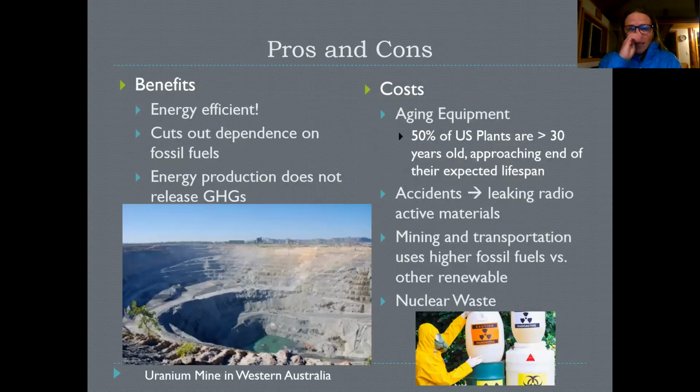Okay, and then of course, if we are using this kind of energy production, then we are going to be able to move off fossil fuels, and we've talked about all the different kinds of costs associated with fossil fuels, so that is a plus. And then the energy production phase of this, at least, probably some of the mining is a little bit different, but the energy production phase does not release any greenhouse gases.